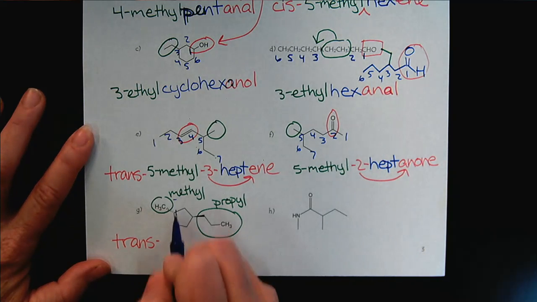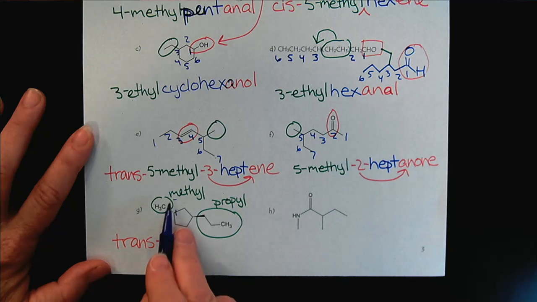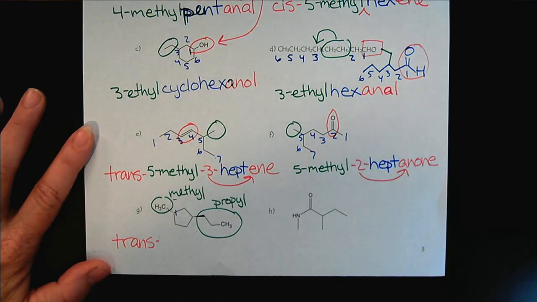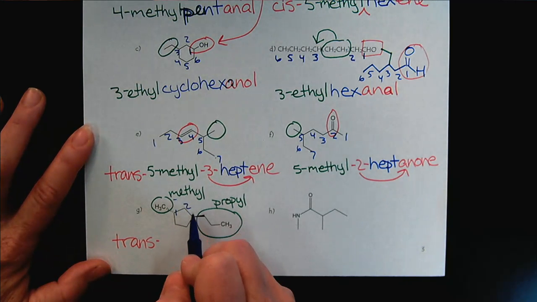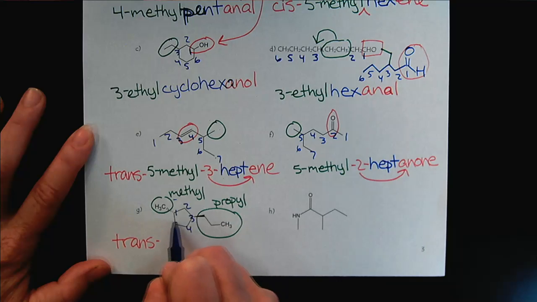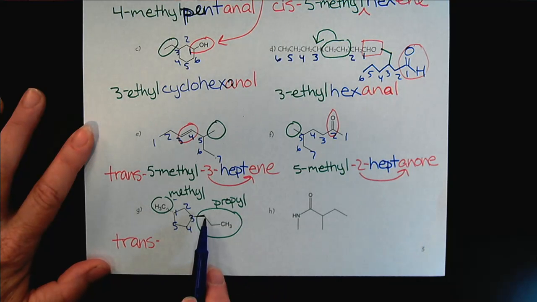So we would give the methyl group the 1 position because M comes before P in the alphabet. And then we're going to number the ring to give the propyl group the lowest possible number.